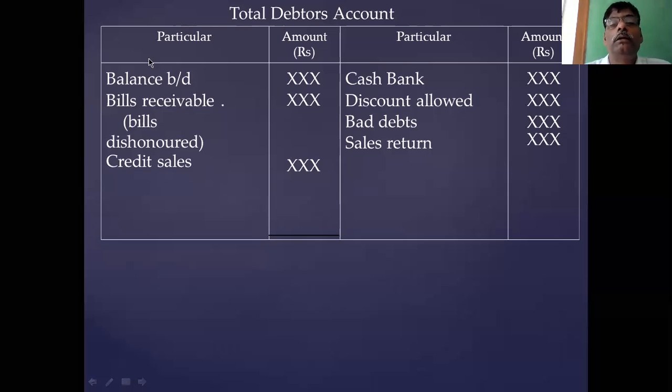Debit side items increase the balance of debtors. Okay, the debit side balance increases, therefore we debit these items.